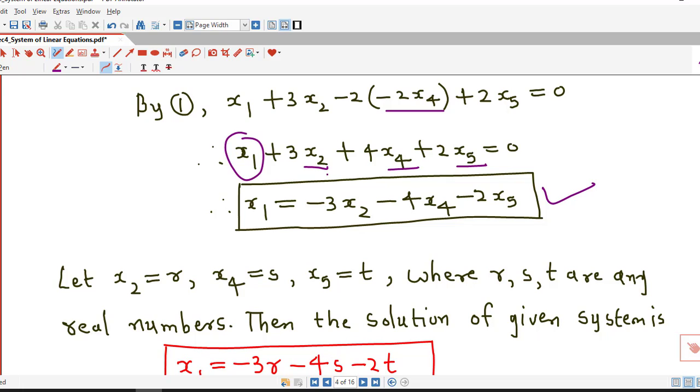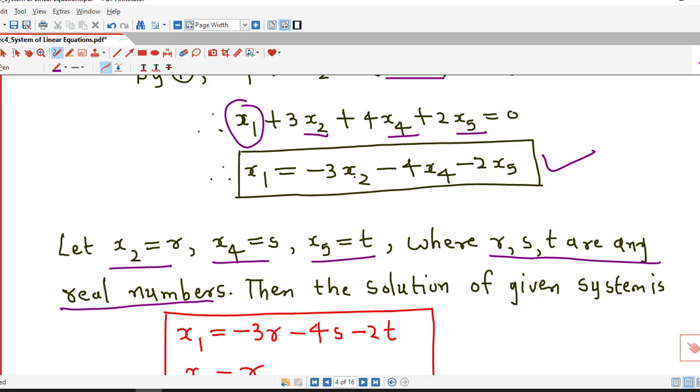We consider x2 equal to r, x4 equal to s, x5 equal to t, where r, s, t are any real numbers, and we express the solution in terms of r, s, t. So we obtain x1 equal to minus 3r minus 4s minus 2t.